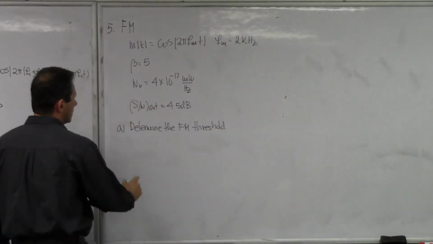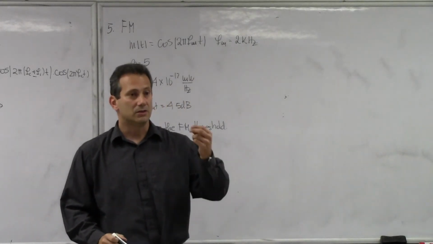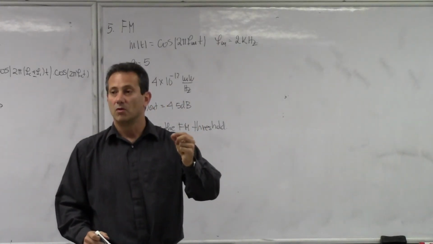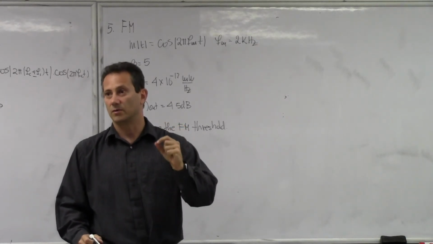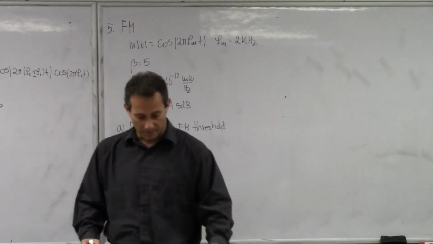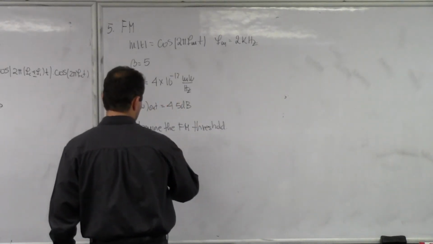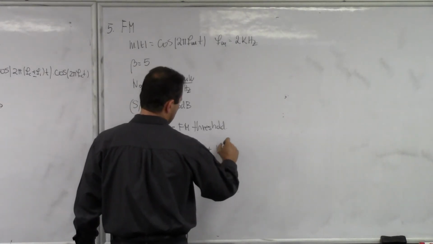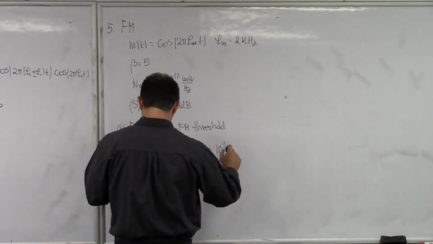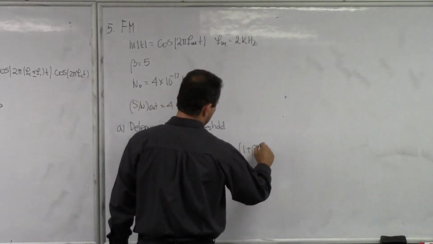For the signal. So what is the threshold? The threshold is the minimum signal level that needs to be provided as input for the processing gain to kick in, right? For the system to operate properly. Signal to noise threshold is given as 13 plus 10 log, sorry, 1 plus beta.